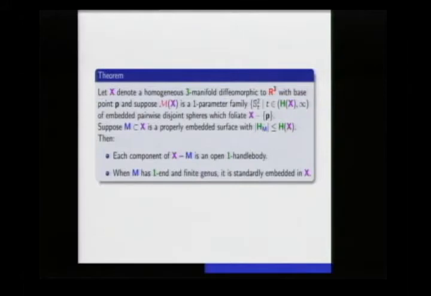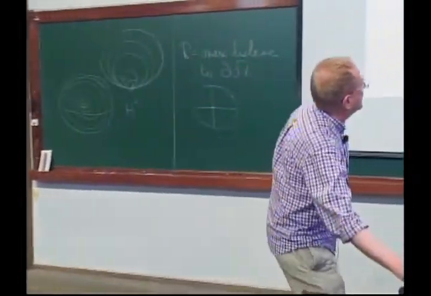So if we have such a foliation, I claim it helps you understand all properly embedded surfaces whose absolute mean curvature function is less than or equal to this special number. So this is the mean curvature function of the surface, and I'm assuming it's properly embedded.